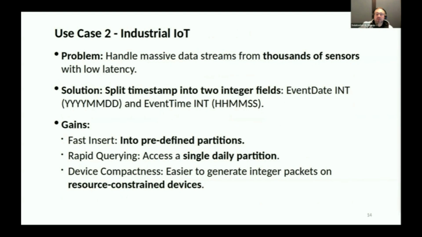When we care about the industrial Internet of Things, like the freight transport security system that I was implementing all around Europe, we handle massive data streams with thousands of sensors. We have to store logs and data coming from these sensors. So we split the timestamp into 2 integer fields, date and time.